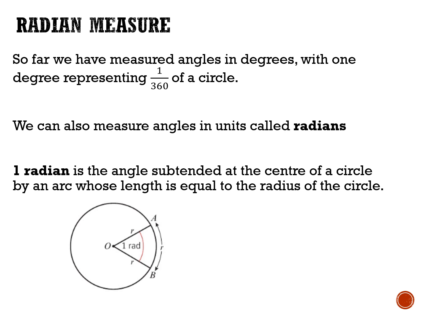And as soon as the arc length is the same length as the radius, so in posh words, it says the angle subtended at the centre of a circle by an arc whose length is equal to the radius. But as soon as this length here, which is your arc length, as soon as that has the same length as the radius, then that defines 1 radian.